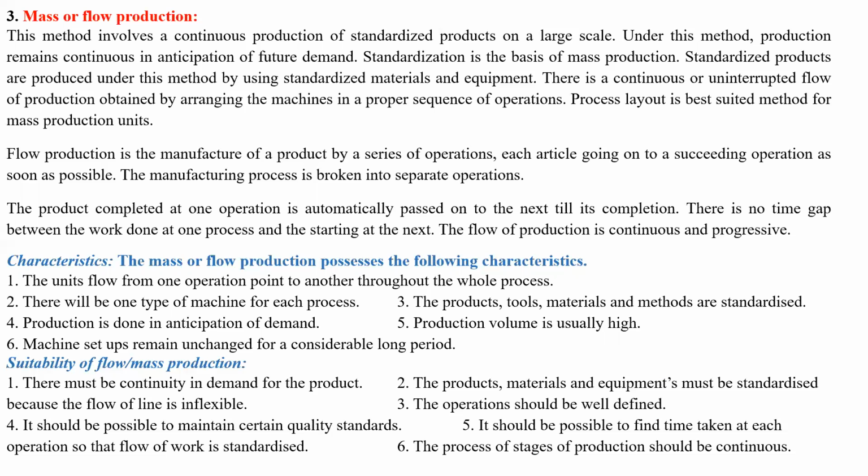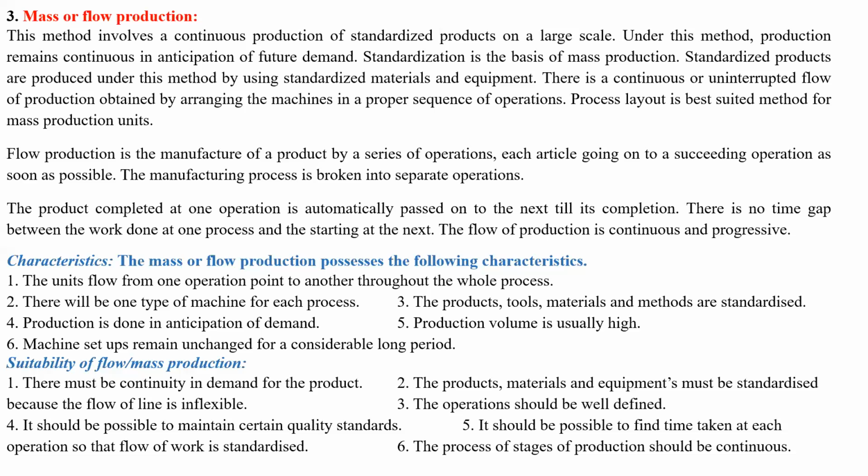For mass production, the process layout is the best suited method, because we continuously produce the same product and it passes to the next processes.